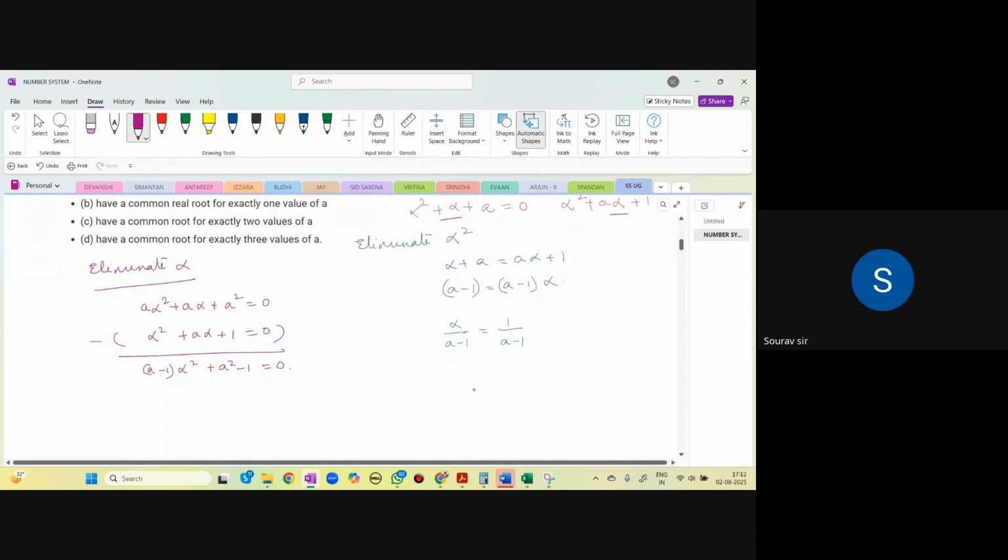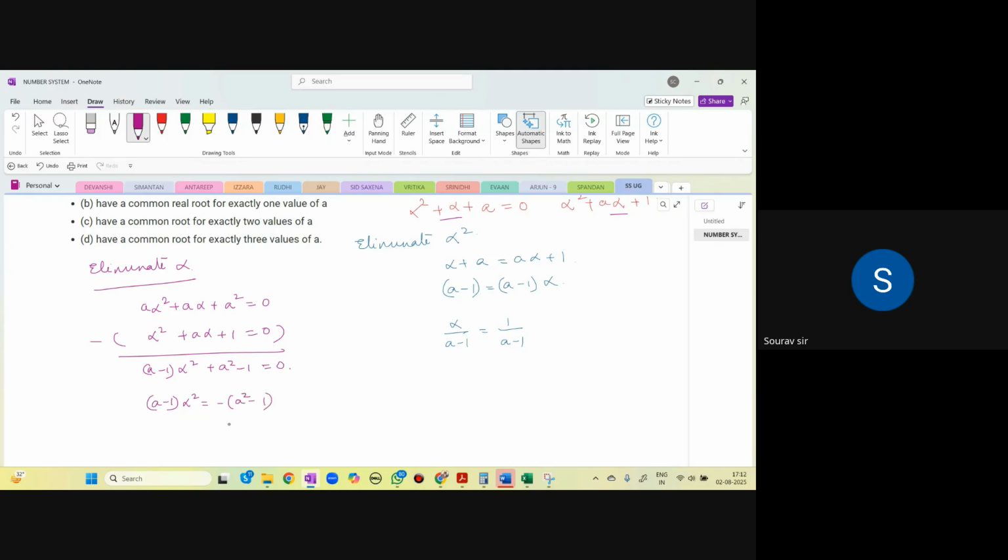So A minus 1 into alpha square equals minus of A square minus 1. So A minus 1 alpha square is minus of A plus 1 into A minus 1.